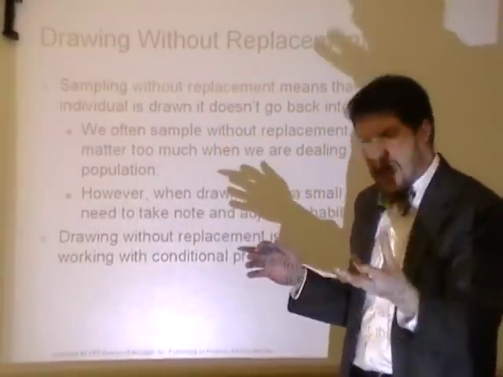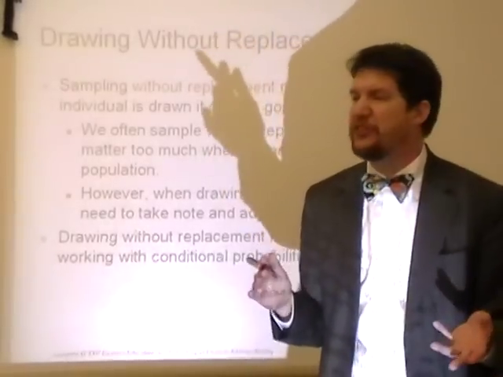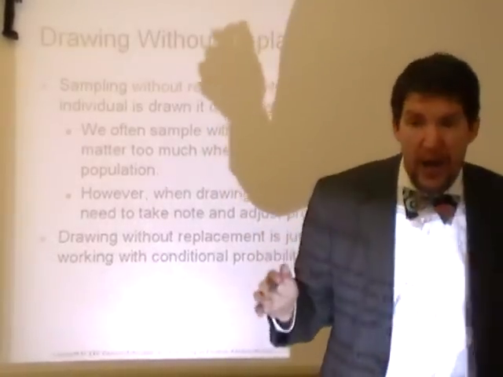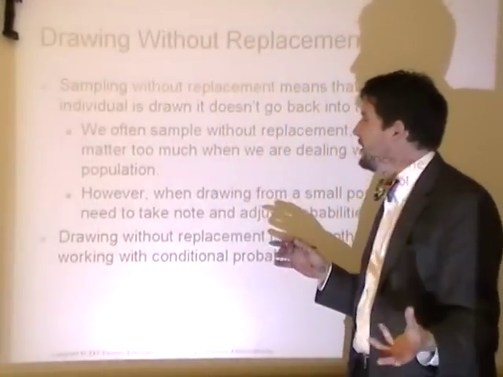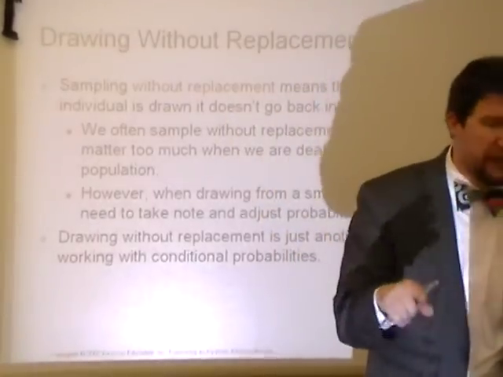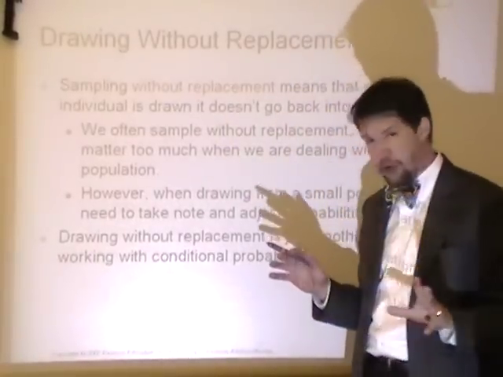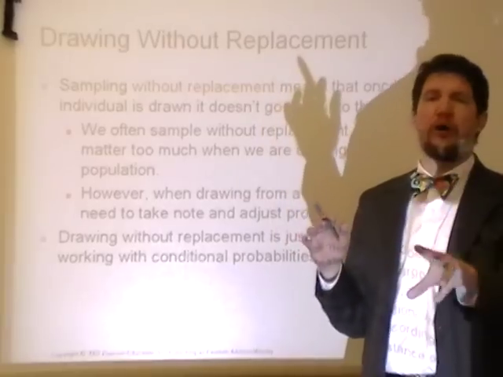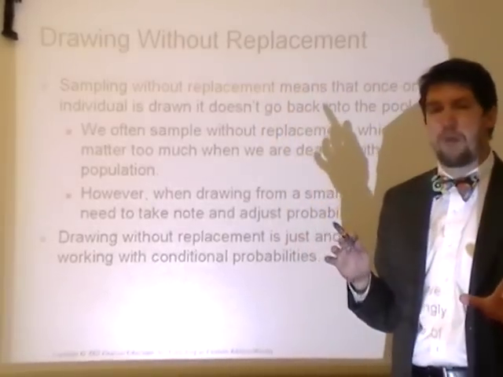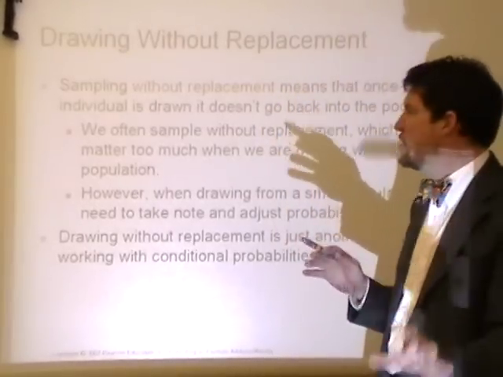And what we said is, that person cannot be sacrificed again because they're gone. So we can't sacrifice them again. That means that when I selected the second person to be sacrificed to the dragon, we were doing it without replacing the first one. And that's what conditional probability is, because the probability has then changed.